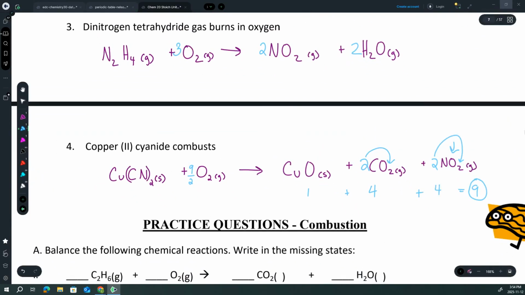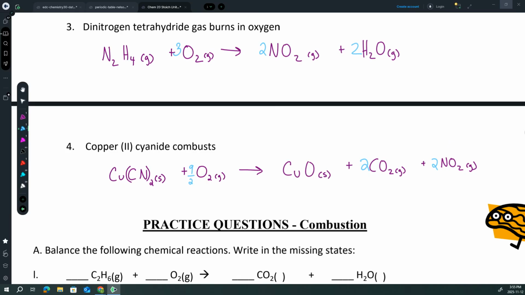Just keep in mind, though, that if it really bugs you to have a fraction for a coefficient, we can fix that. By the way, it's super important to know that the only type of reaction where you are allowed to have a fraction for a coefficient is combustion reactions.